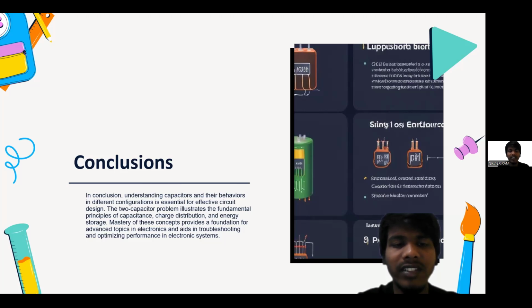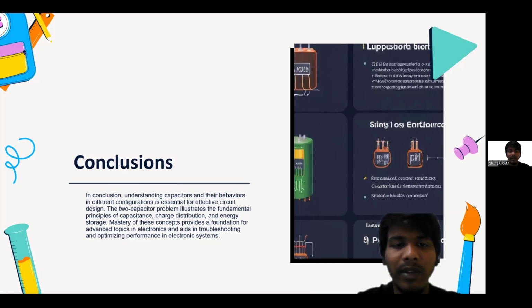Impedance and frequency response. Capacitors exhibit varying impedance depending on the frequency of the applied voltage, which is crucial in AC circuits and filtering applications. Polarity. Some capacitors, like electrolytic and tantalum types, are polarized and must be connected with correct polarity to avoid damage.